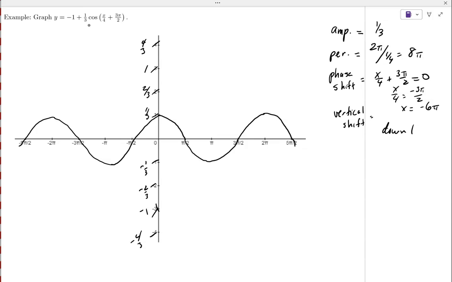Instead of 2 pi for the period, it is now 8 pi, which means halfway is 4 pi, which means this number should be 2 pi, and this one should be 6, and then this would also be 10 over here. And then the negatives would be over here.